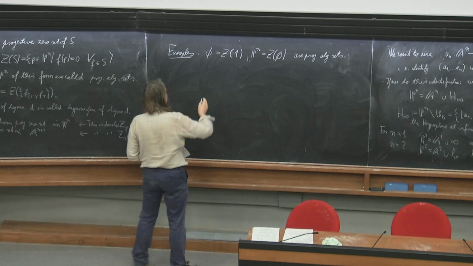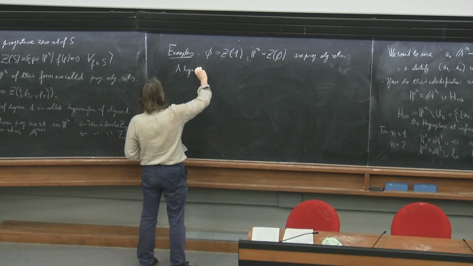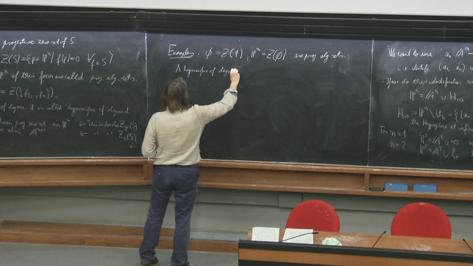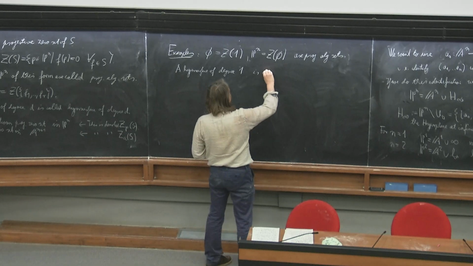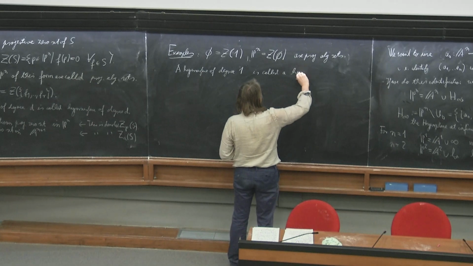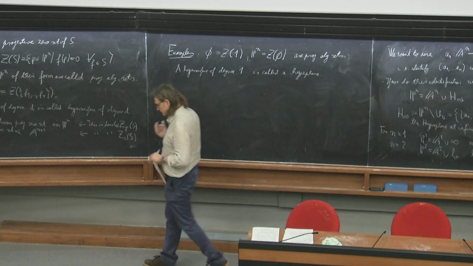A hypersurface of degree one is called a hyperplane: the zero set of a polynomial of degree 1.